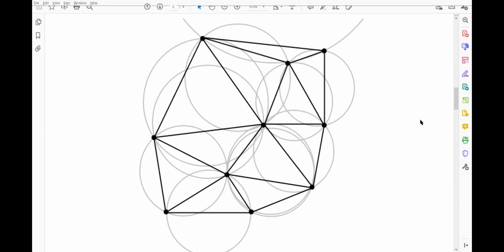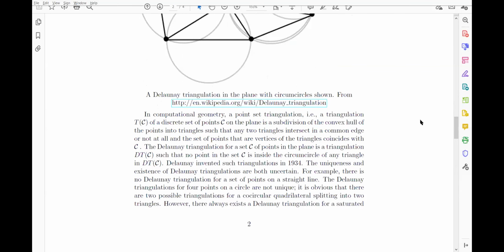All right. So the next thing is a Delaunay triangulation in the plane with circles, shown from Wikipedia. There's not that much on this page. It's basically saying that there is such a thing as a Delaunay triangulation. So what is that?